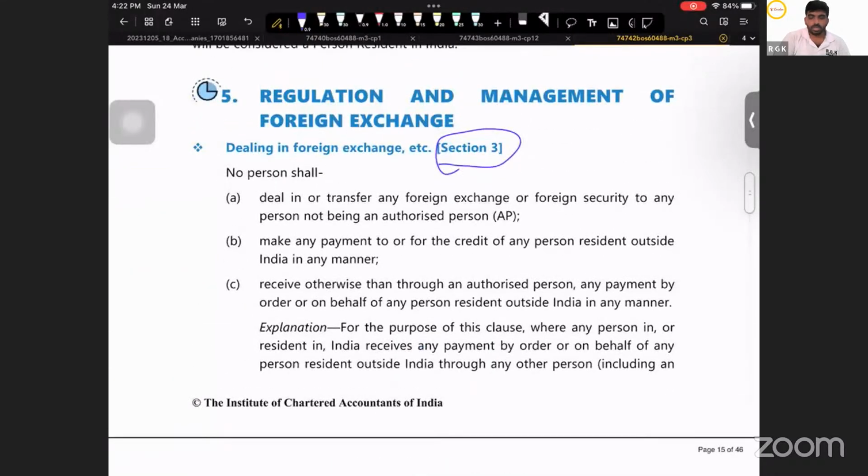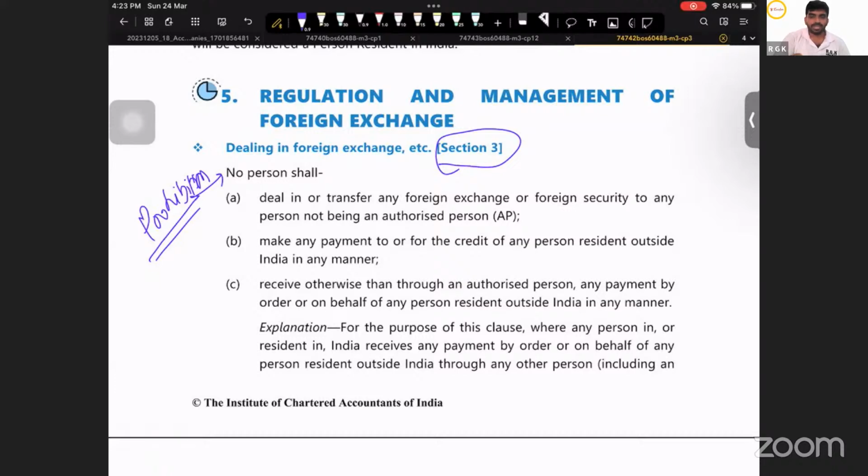It says no person shall, that means blanket prohibition, deal in or transfer any foreign exchange or foreign security to any person not being an authorized person. If the person you are going to enter into a transaction with is not an authorized person, you cannot deal in foreign exchange with him. Dealing means purchasing, selling. You cannot purchase, sell or transfer any foreign exchange.